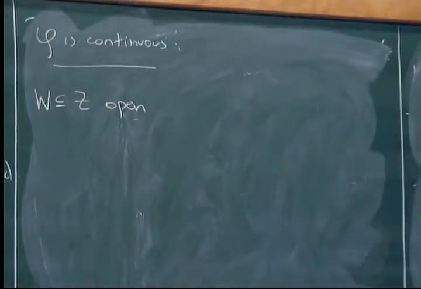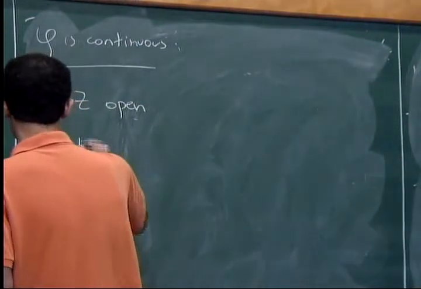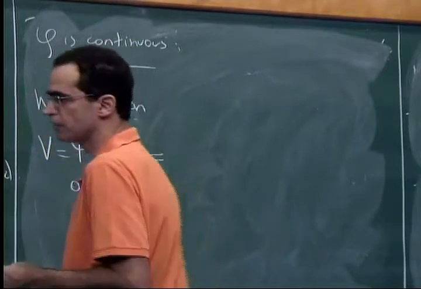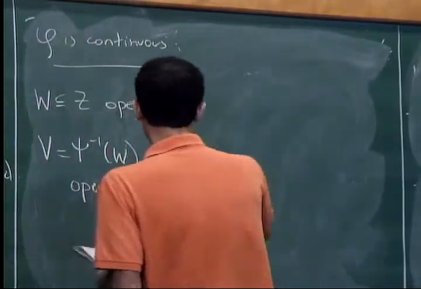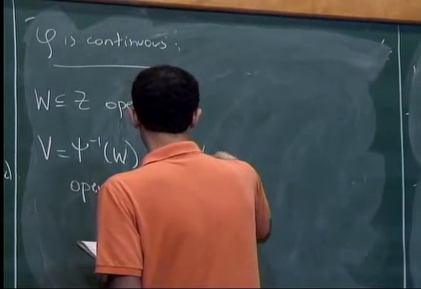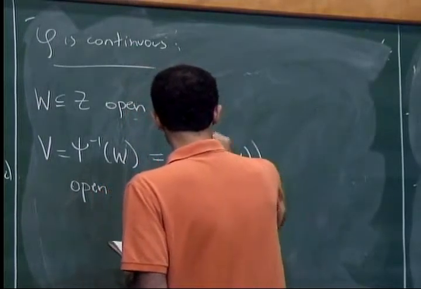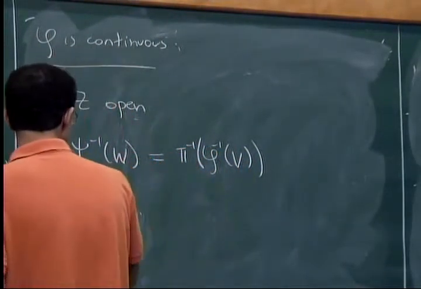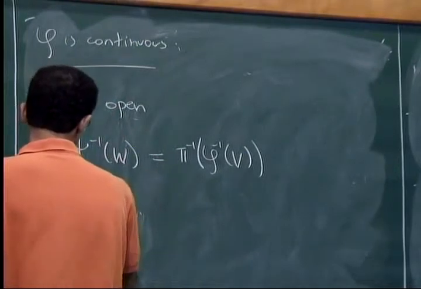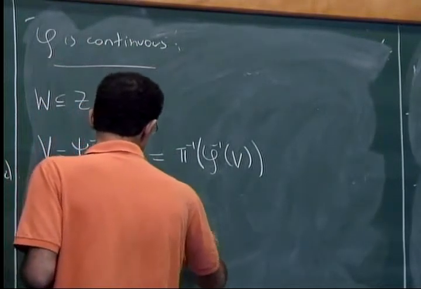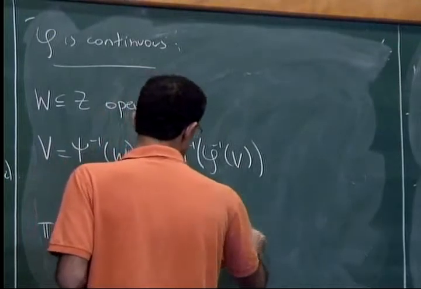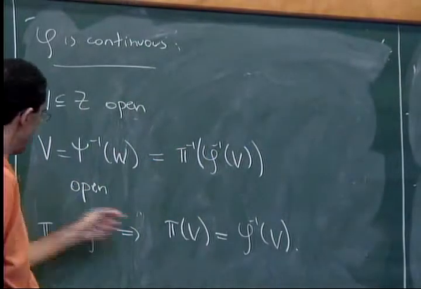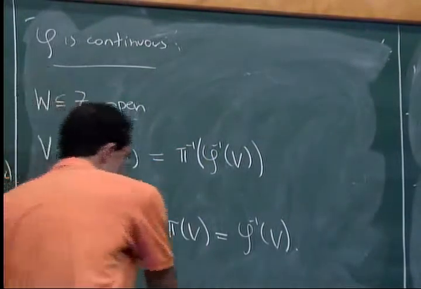Of course, the inverse image by psi is open. But psi is the composition of these two functions, so that's pi inverse of phi inverse of W. And since pi is surjective, we have that the image of psi inverse of W under pi is phi inverse of W. So we have to show that this is open.